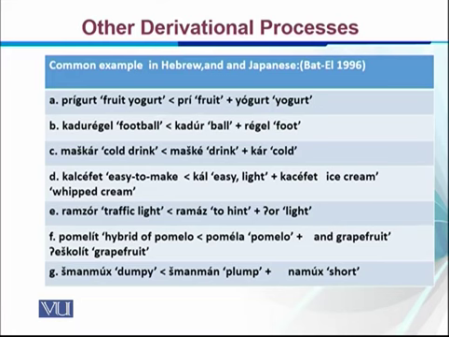Calcifat means easy to make. You can look at how we take parts from different words and combine them together to form a new word. So this is a very fruitful and very healthy way of making new words.